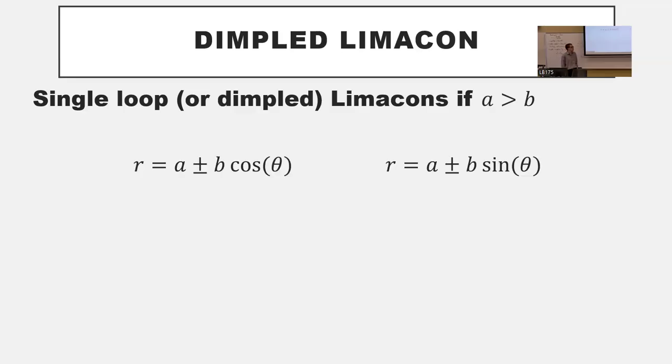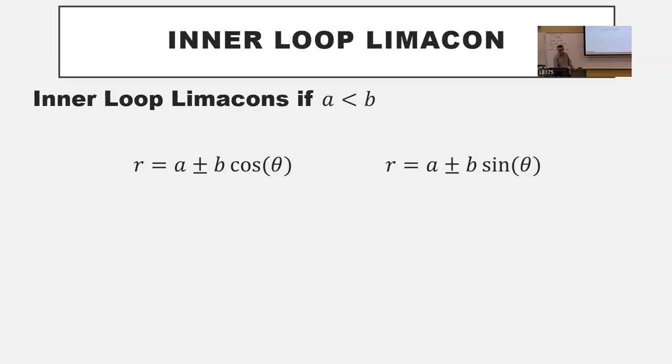Right, limaçon. But anyways, we get a dimpled version if the coefficient on cosine or sine is smaller than the constant out front. And we have a limaçon with an inner loop if the coefficient on cosine is bigger than the constant out front. All of that, obviously, in absolute value.